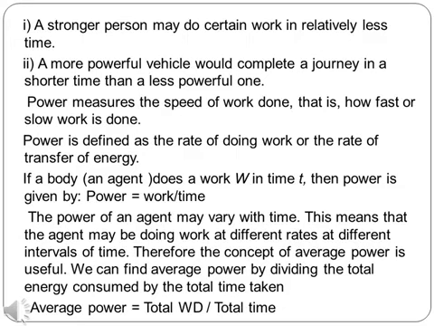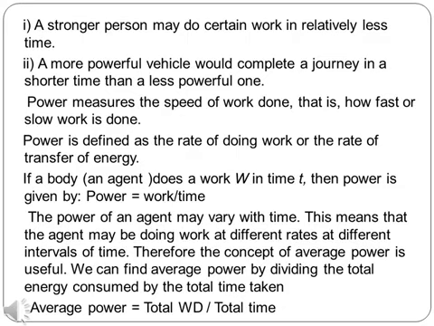If a body or an agent does work W in time t, then power P is equal to work done divided by time, which is W by t. It means that the agent may be doing work at different rates at different instants of time.